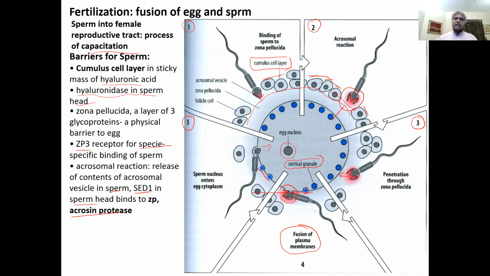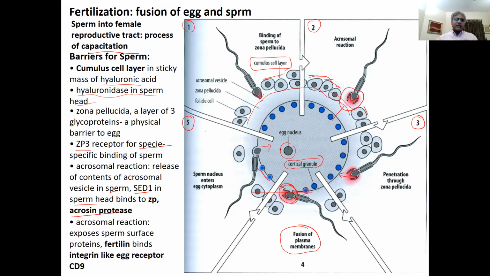As soon as this acrosomal reaction takes place and then eventually this plasma membranes get fused, the cortical granules are released. They become outside the plasma membrane, which now tell all the incoming sperms that the oocyte is successfully fertilized.